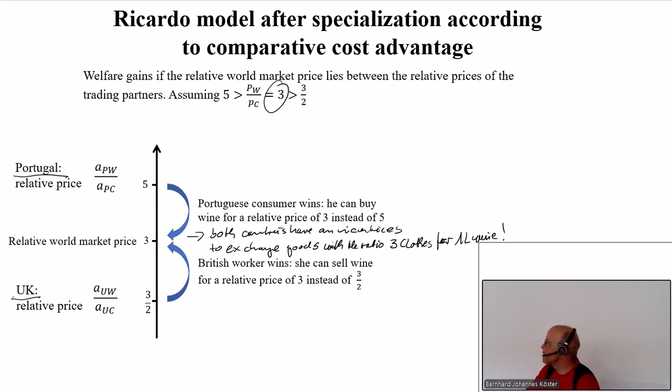And how do you call in business administration such a situation? If you start from a situation given and after an exchange, a reallocation, everybody is happy. This is just a win-win situation.